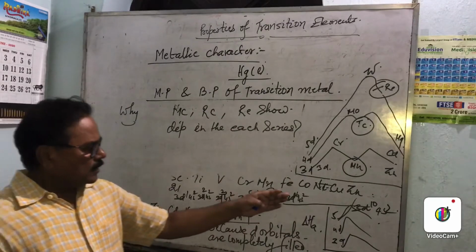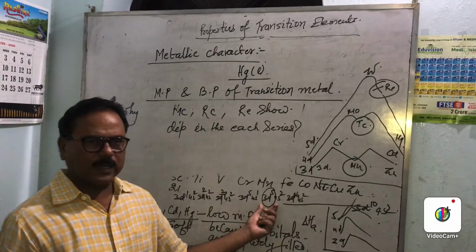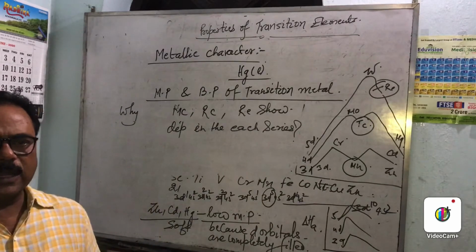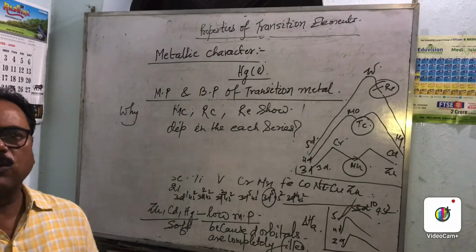That is, the d orbital here has d5 electrons, but they are stabilized, that is, less delocalized.